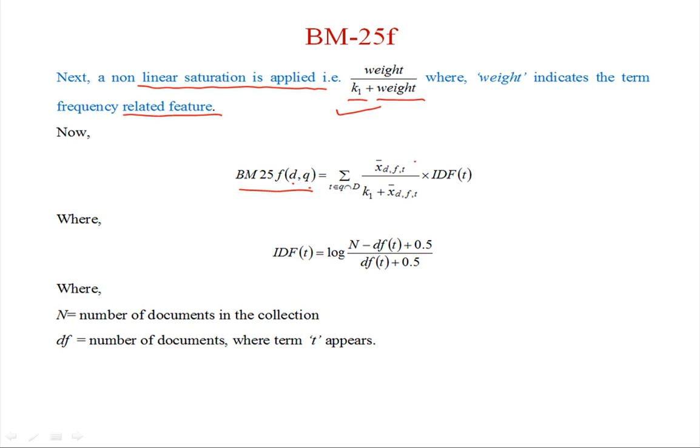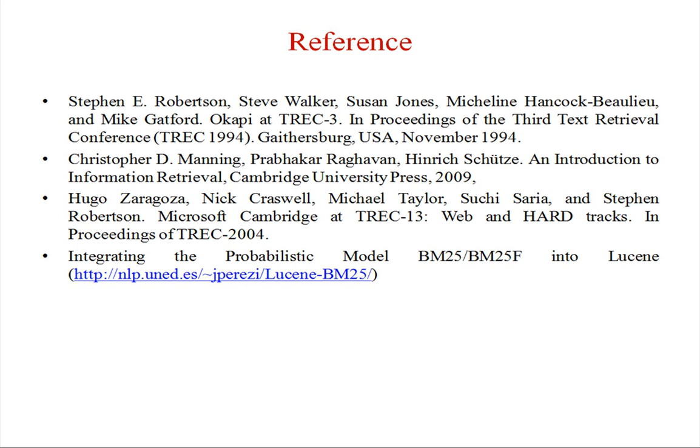So these are the changes applied here, and the IDF part is almost the same as applied with BM25, where N is the number of documents in the collection and df is the number of documents where term t appears. Thanks.